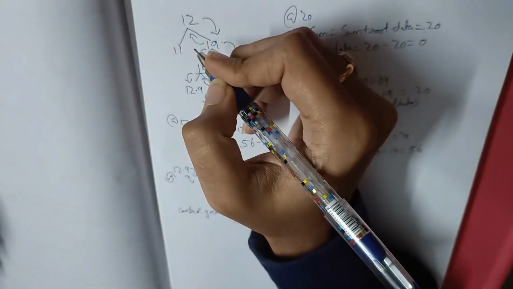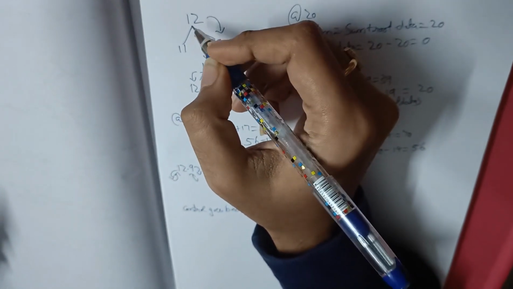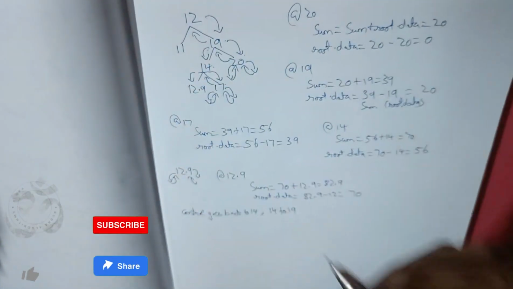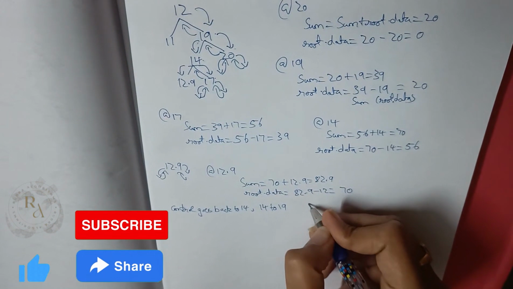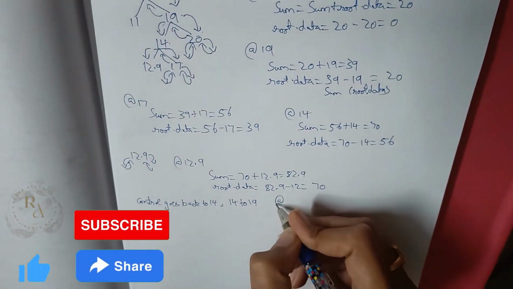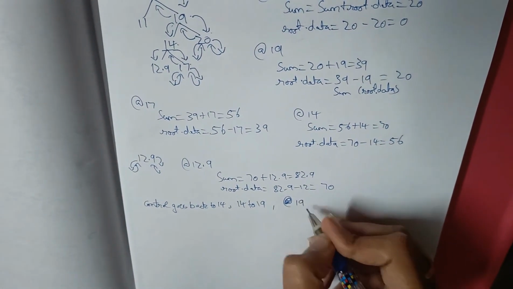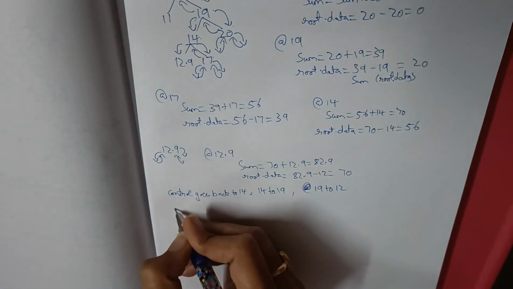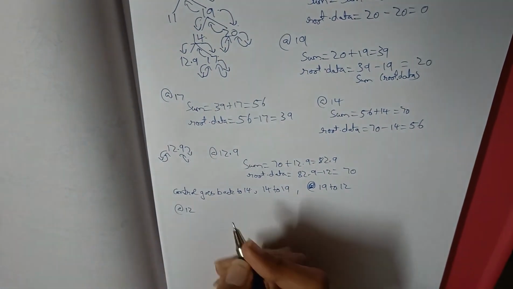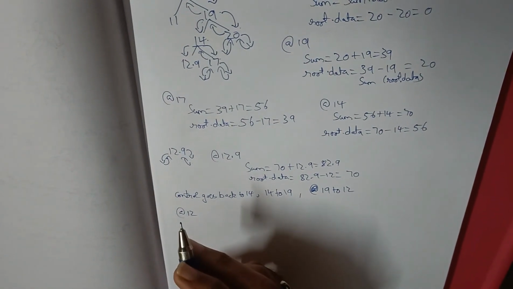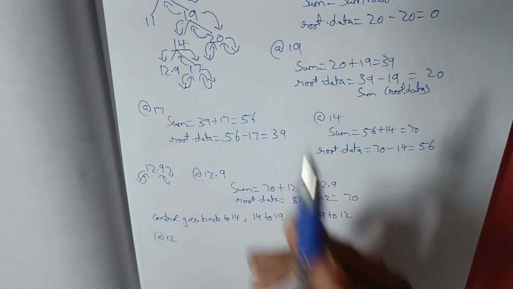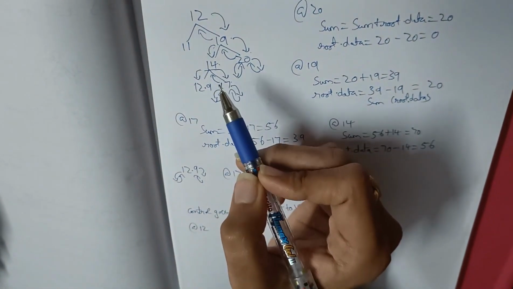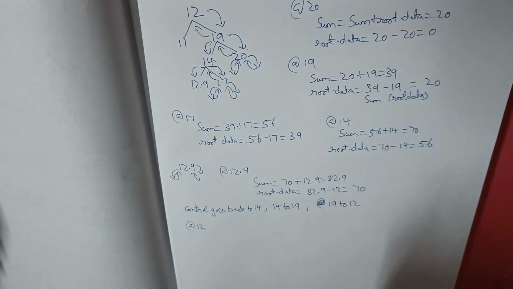Now what's remaining to be replaced are 12 and 11. So at 12, let's see what's going to happen. The control goes from 19 to 12. At 12, we have 5 values, which are 12.9, 14, 17, 19 and 20, which are greater than 12.